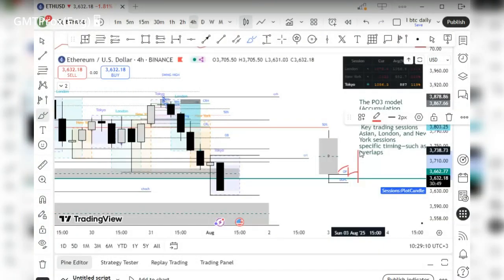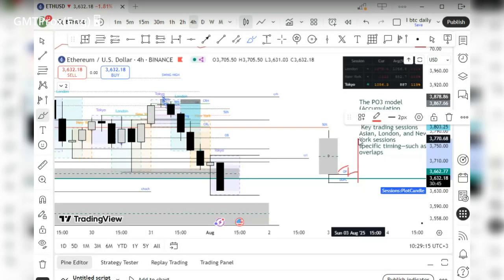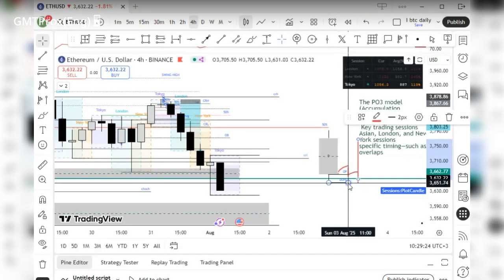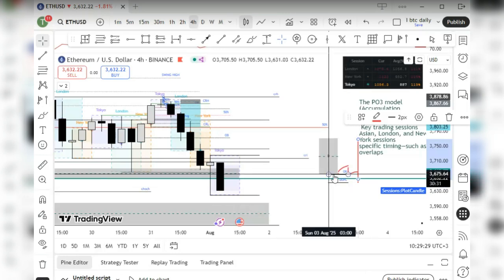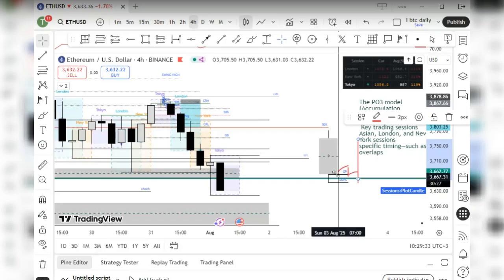Now we have our opening price, and we have our daily opening price low. This is how low price went after it started here, then it created a low. So we have the opening price and the low price for the day.